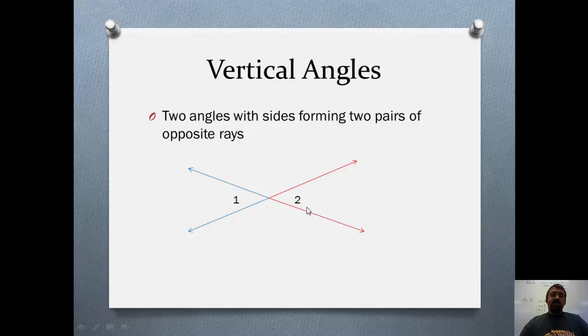Angle 1 and angle 2 are what we call vertical angles. Note, there would be another pair of vertical angles here. This top angle and this bottom angle would also form a pair of vertical angles.